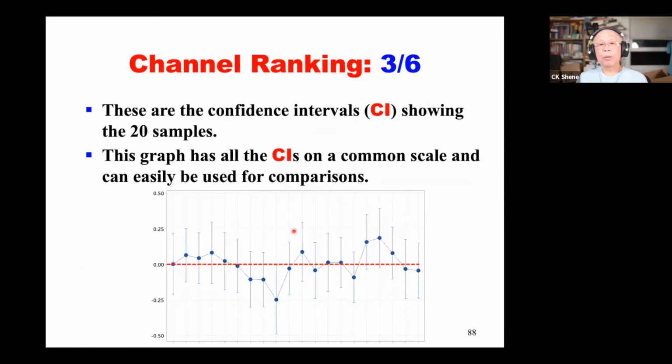Return to our confidence interval example. Remember, we have 20 examples, 20 samples. This graph has all the confidence intervals on a common scale. So you can see this confidence interval is lower than this one, and this one is out of bound.